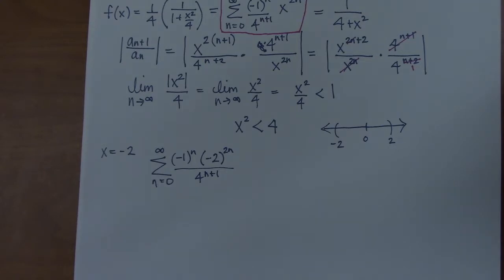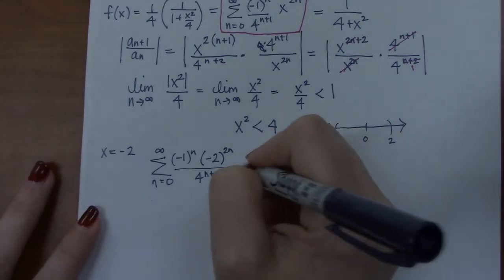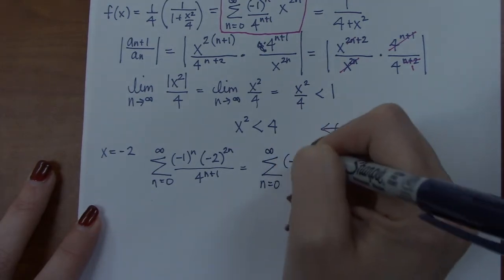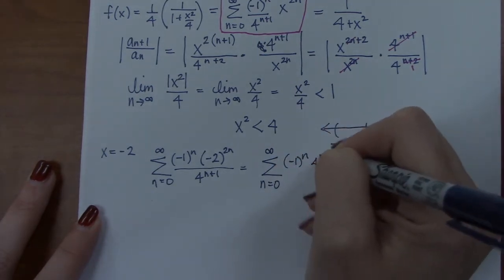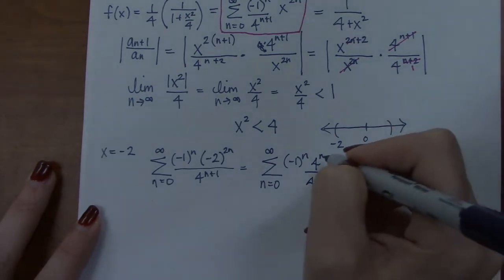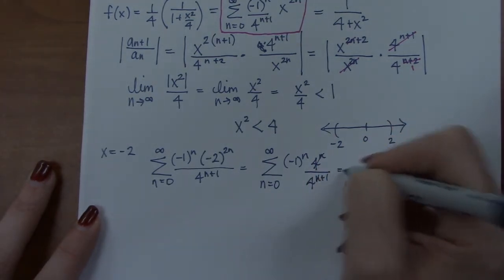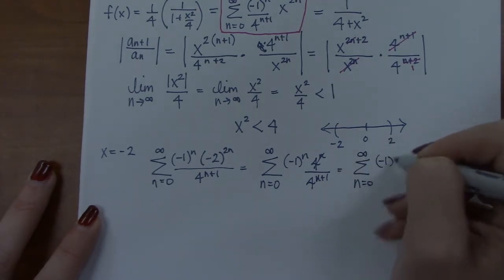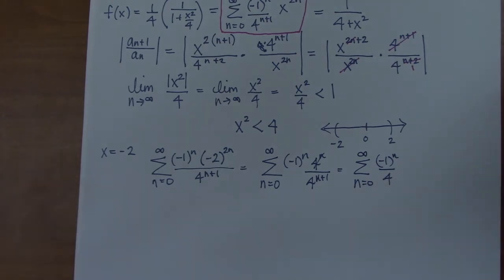So in the same way that I got the 2n by saying it was x squared raised to the n, well, this is really negative 2 squared raised to the n. So that's actually going to become positive 4. So this guy simplifies quite nicely. We'll keep the negative 1 to the n, and really what I have is 4 to the n over 4 to the n plus 1. The 4 to the n's cancel, and I simply get the sum of negative 1 to the n over 4.